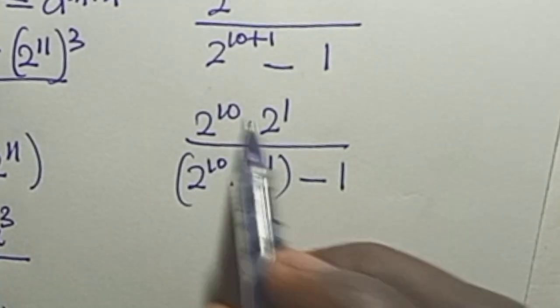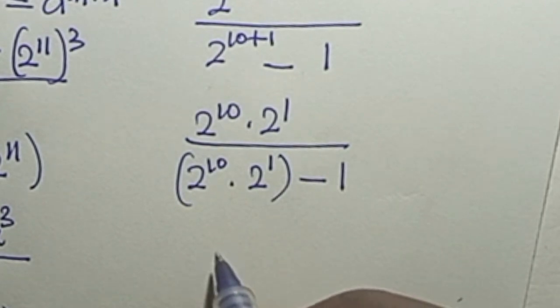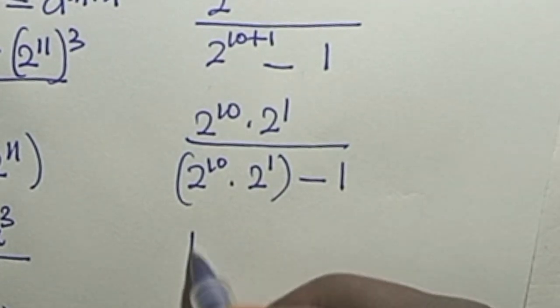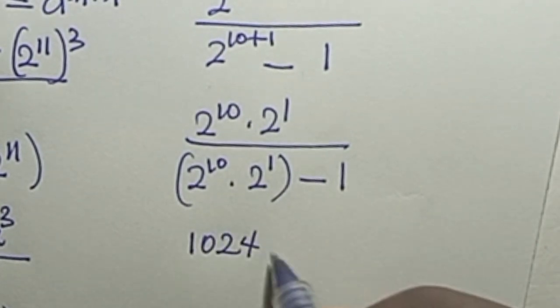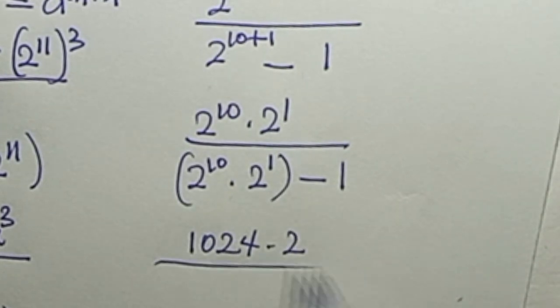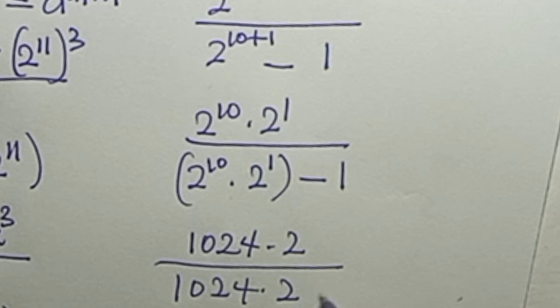So 2^10 is 1024, so we have 1024 times 2 over 1024 times 2 - 1.